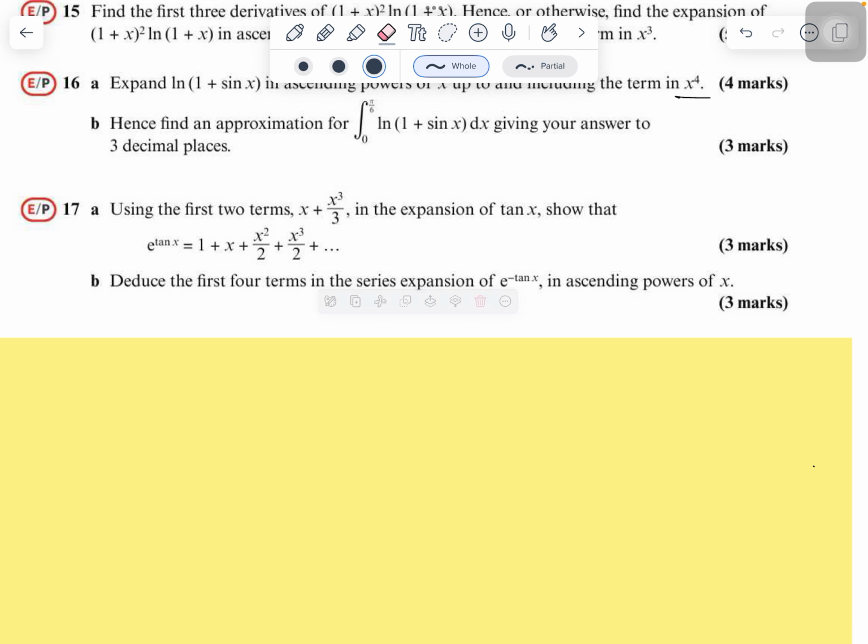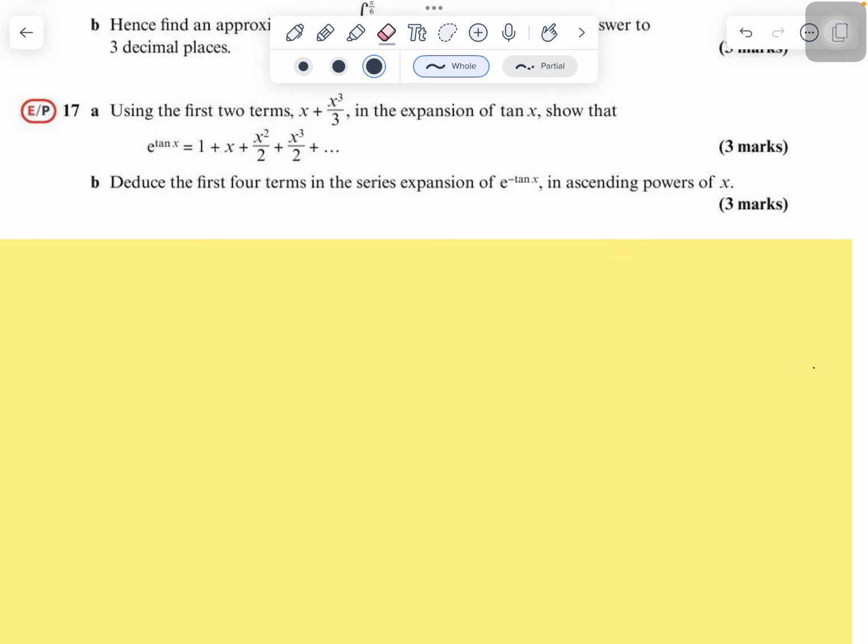Number 17. You know how to do that. So B. Now this and this is also the same. This and this, when we multiply them together, it becomes 0, I mean 1. Power of 0 means 1. So again, this is the same. So 1 plus x squared over 2 plus x cubed over 2 plus and so on.